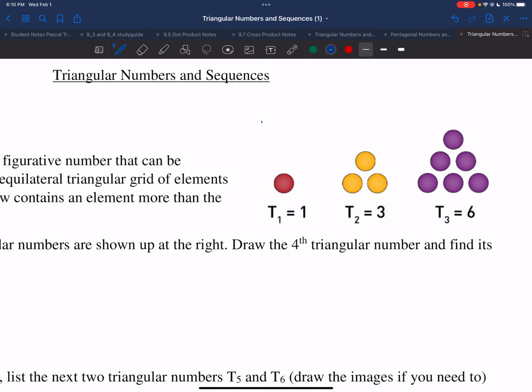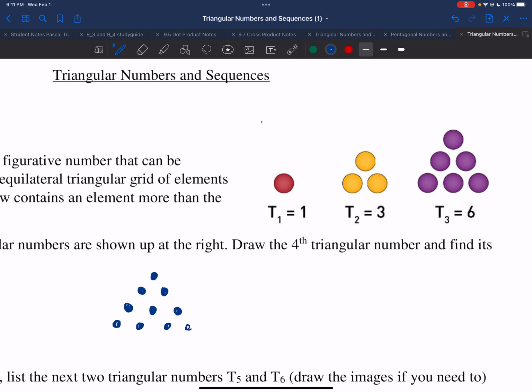I'm going to start with those 3 dots that I had in the second one, and then the base of 3 that I had up here, right? So I'm looking at this one, that's my T3, and to have T4, I'm going to add 1 more row to it. That row is going to do 2 things.